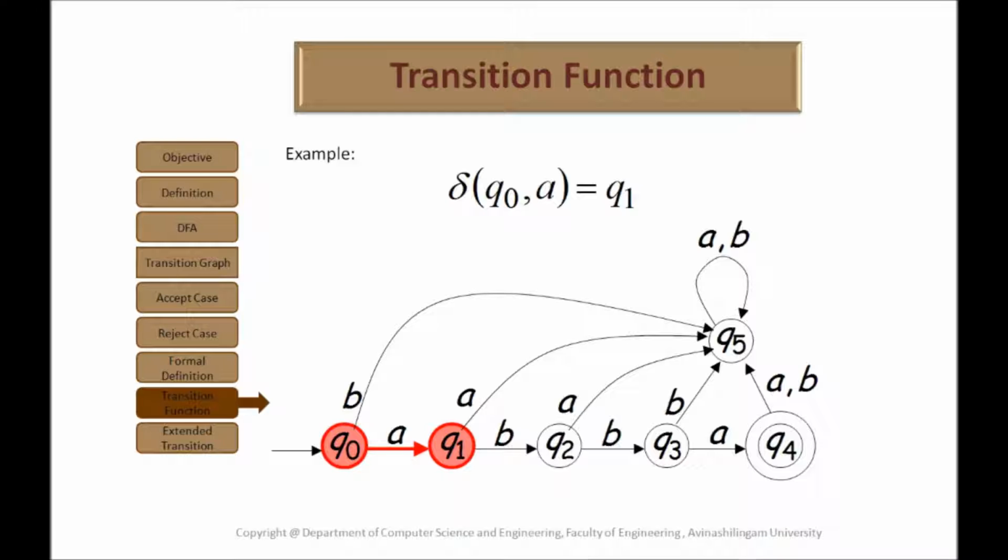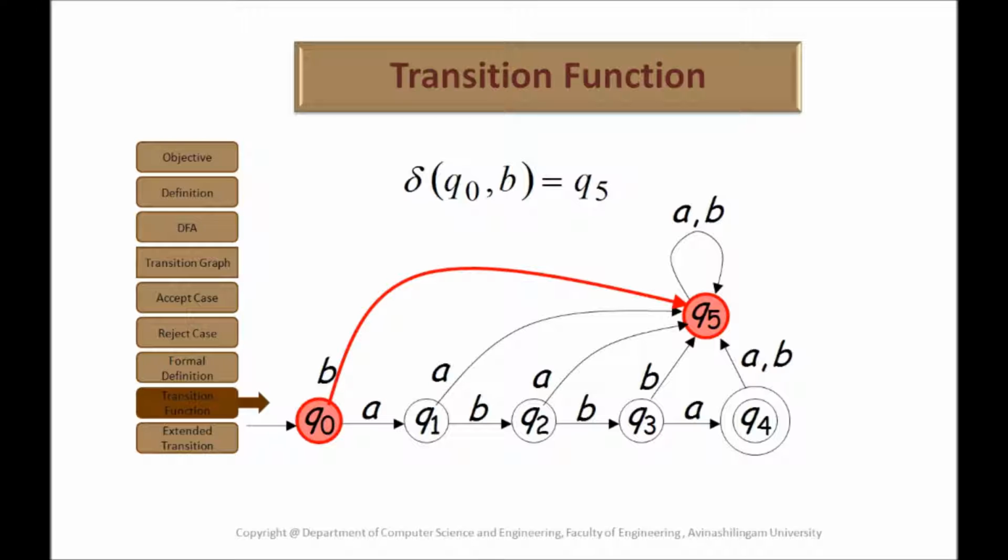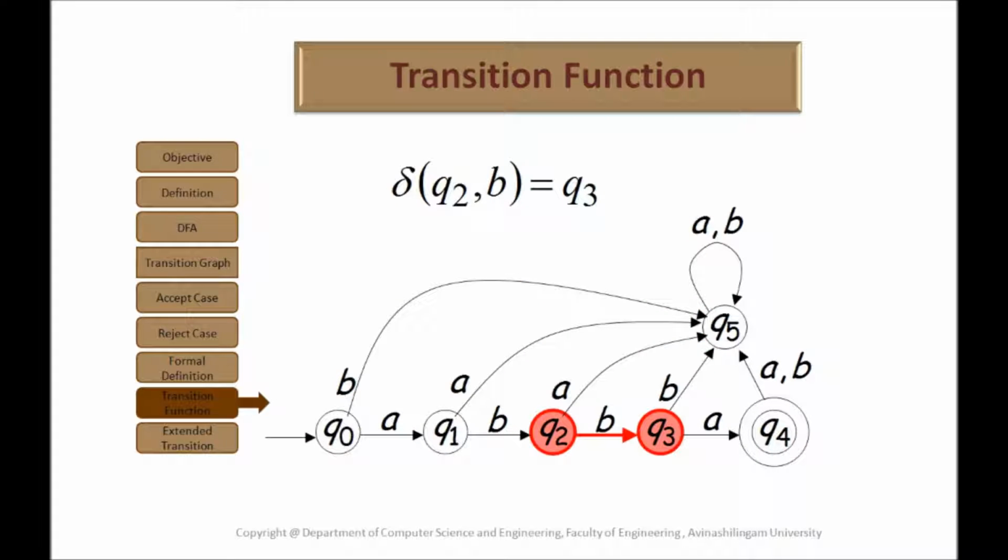Next we will see some other examples. From Q0, using input symbol B, it goes to Q5. So delta of Q0 comma B is equal to Q5. From the Q2 state, using input symbol B, it goes to the Q3 state. The transition function for this one is delta of Q2 comma B is equal to Q3.